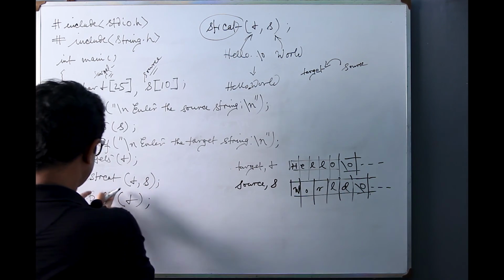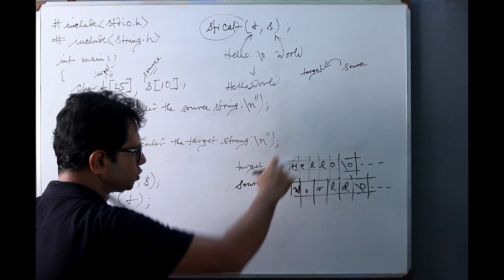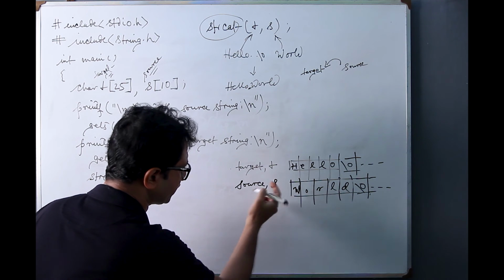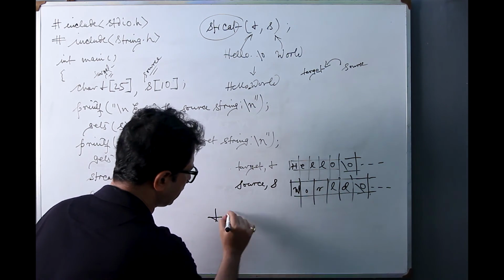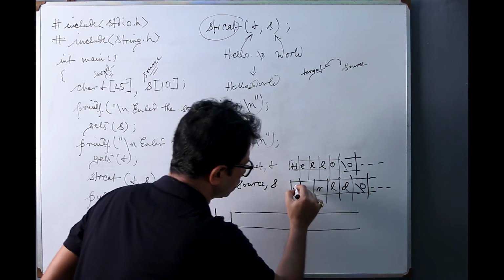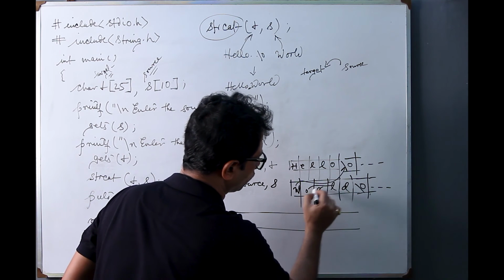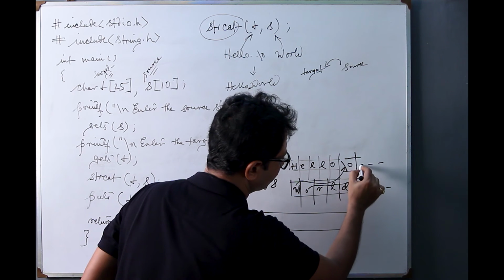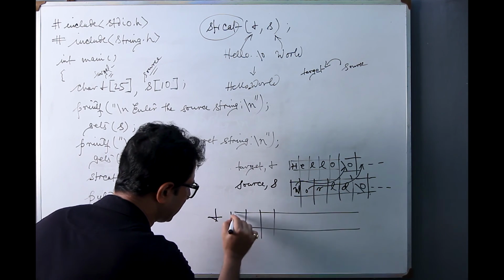So after this strcat operation is done on these two strings, the resultant string will come from the target string T. So T will now become like this. This W will be going over here, the O of the world will go after that, and so on and so forth, to give you the ultimate string like this.